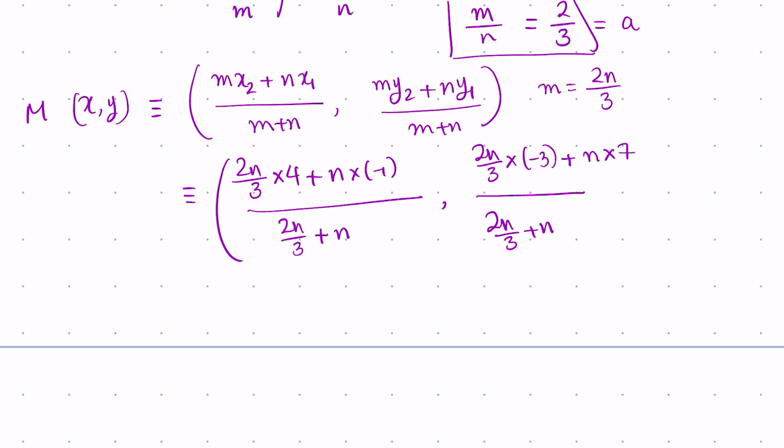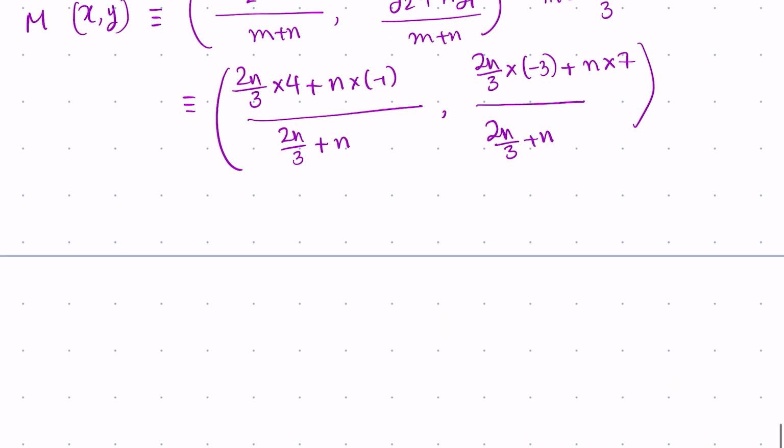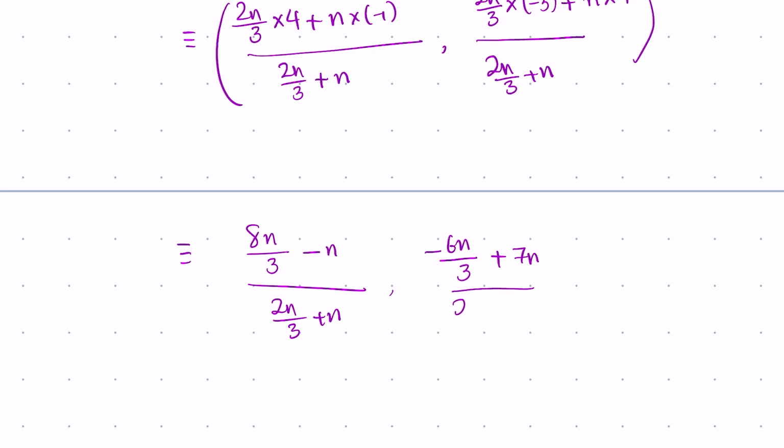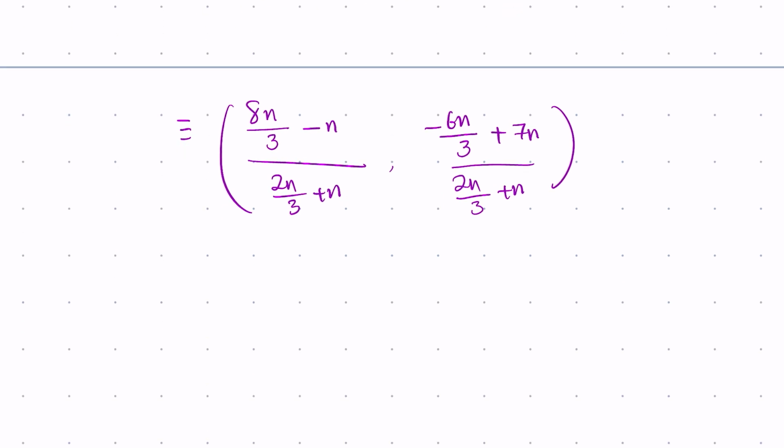So we just got to simplify this further. That gives us (8n/3 minus n) divided by (2n/3 plus n), comma, (minus 6n/3 plus 7n) divided by (2n/3 plus n). First of all, let's get rid of all the n's.